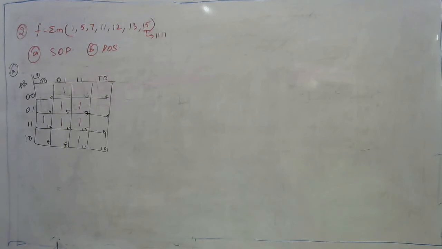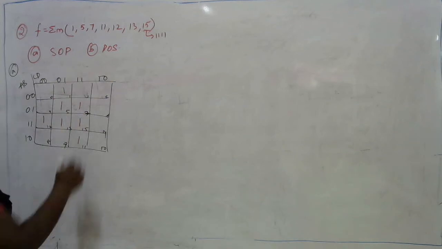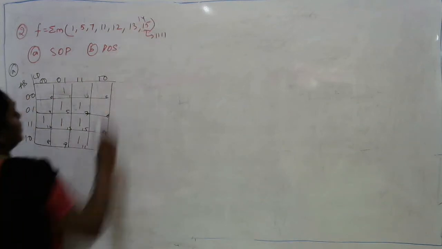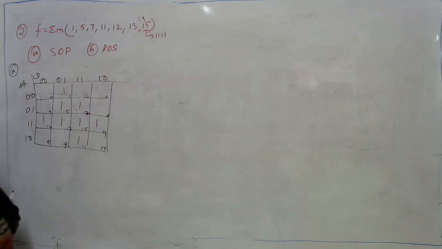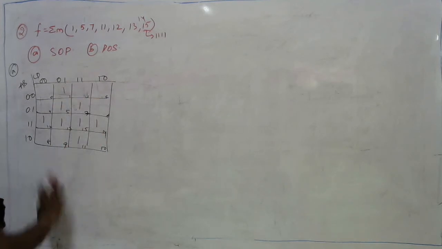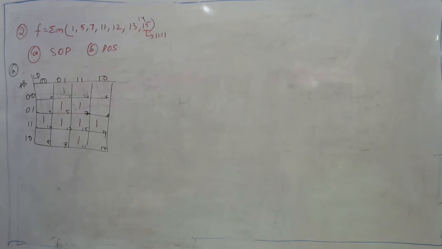So in the question they have given these as a total of 8. Now let me take the other number, which is nothing but 14 over here. Now here the total number of ones is 8, but I cannot make all these 8 a grouping as an octet because all those are not present at one particular point.